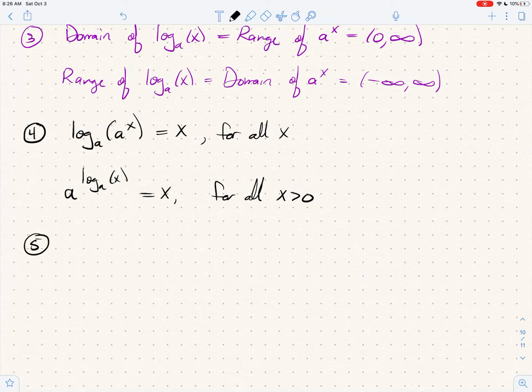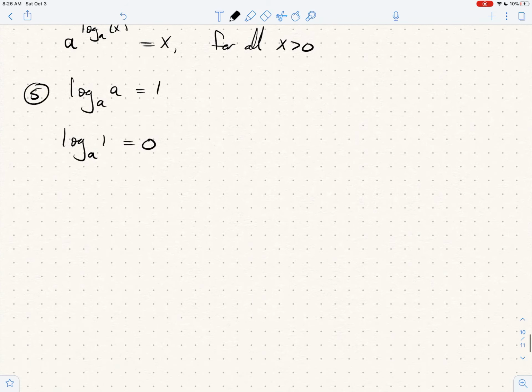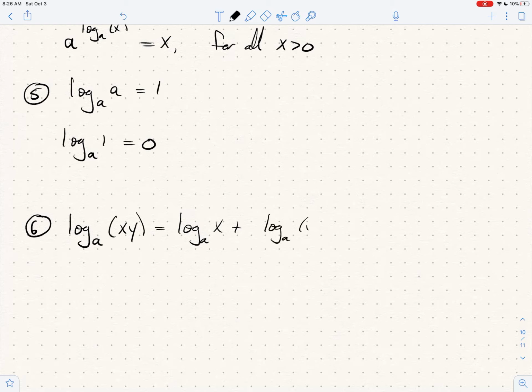Property 5: if you have log base a of a, you always get out 1. And log base a of 1 is always just 0. Property 6 is absolutely fundamental. These are the rules of logarithms. We went over the exponential rules at the beginning. So log base a of x times y becomes log base a of x plus log base a of y.